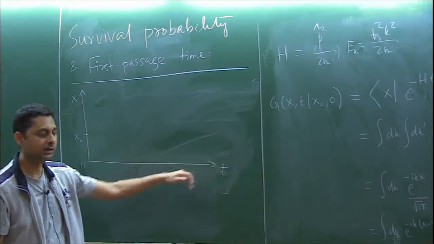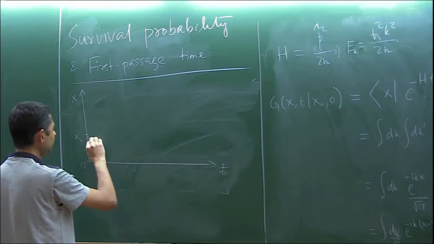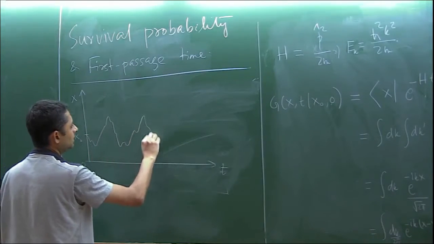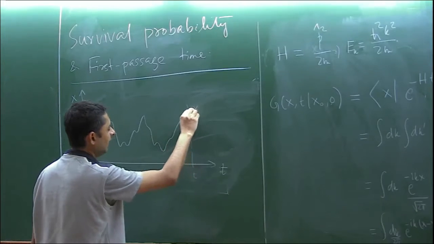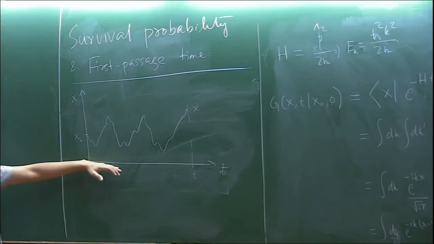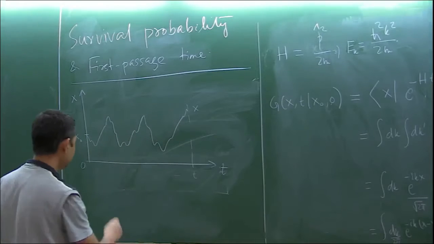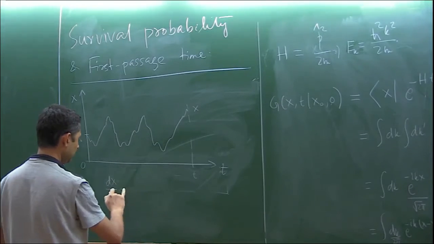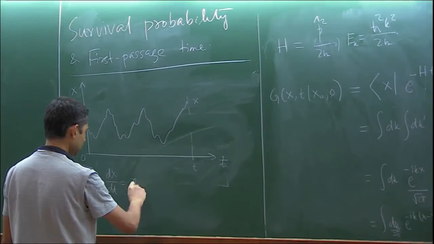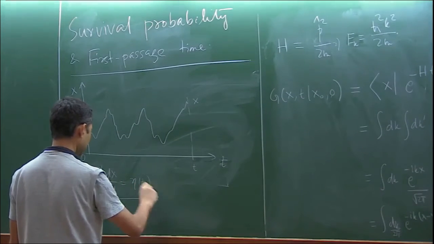So what is the probability that I start from here and reach at time t some position x without crossing this line, right? So the equation is still the same, dx/dt is equal to eta(t), the same equation.